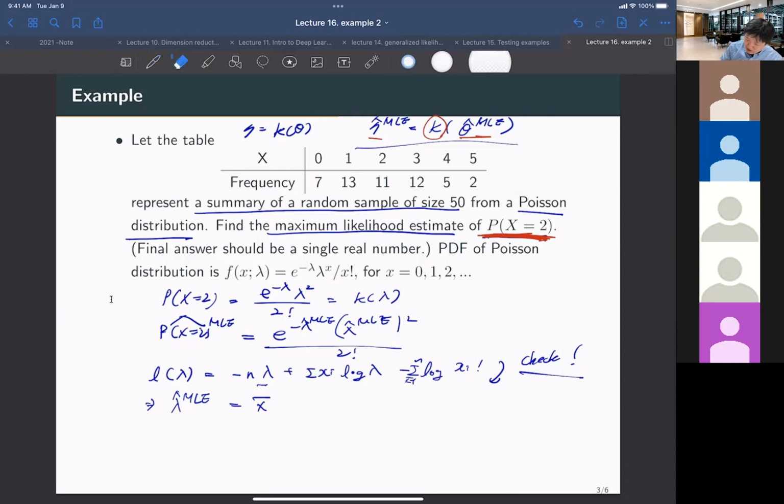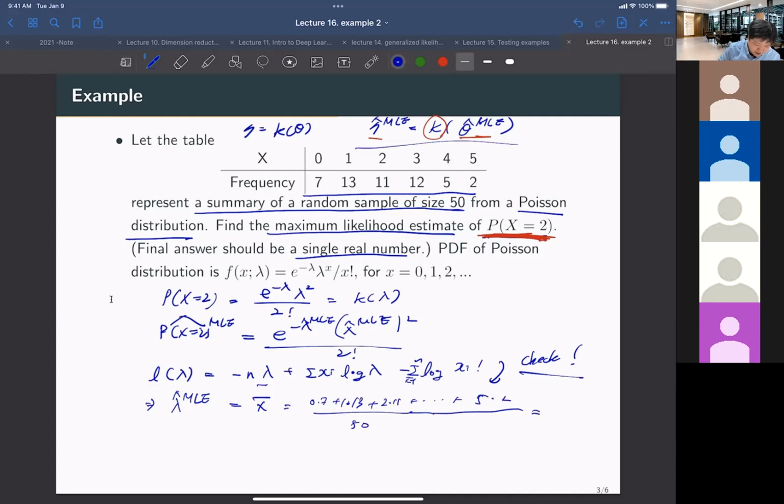And before plugging in, the question is asking us to provide a real number. So we need to find the x bar first. The sample mean is just the weighted sum of x out of 50: 0 times 7 plus 1 times 13 plus 2 times 11, and so on.